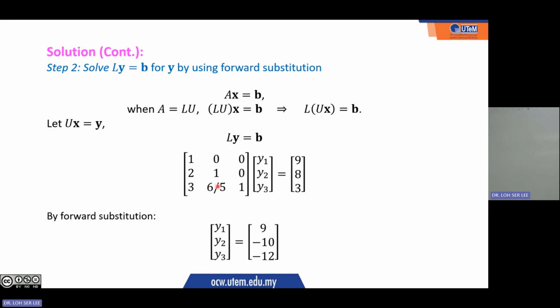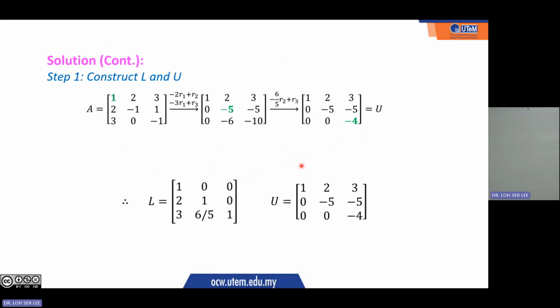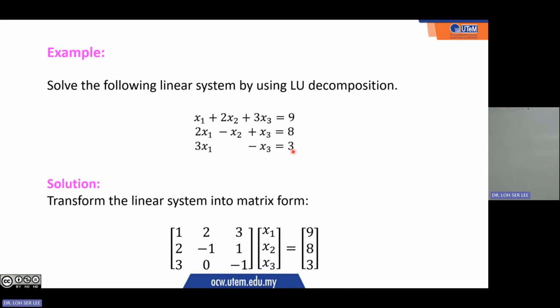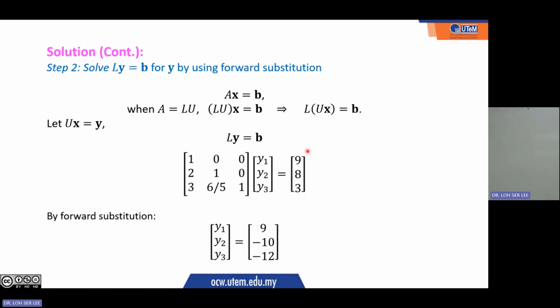This is your L, and B is from the linear system just now: 9, 8, 3. Then forward substitution. We see that in the first row both are 0, and this is the only non-zero, so we start from the first row. Because y1 equals 9, you get the value of y1 directly.